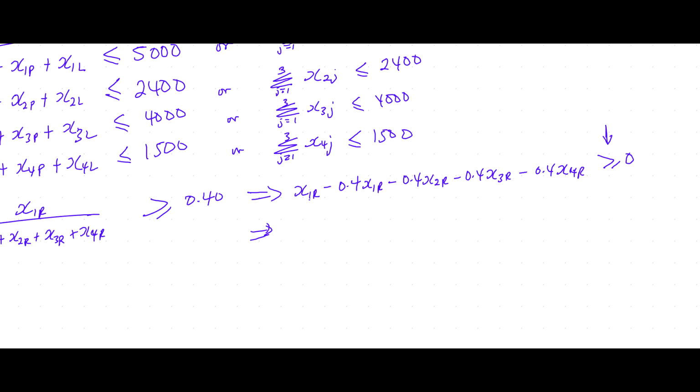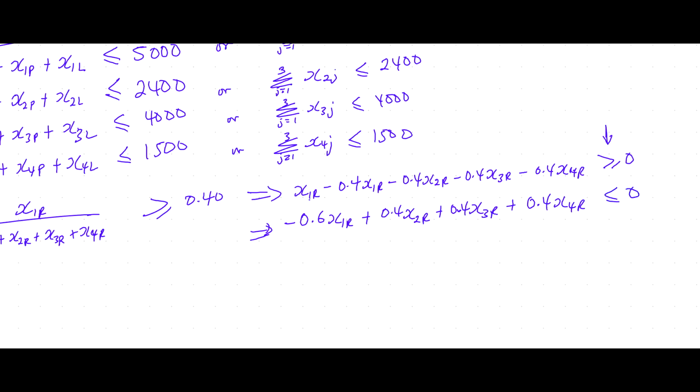Okay, so it then is negative. It's supposed to be 0.6 x1r, but multiplying through by negative, so 0.6 x1r plus 0.4 x2r plus 0.4 x3r plus 0.4 x4r, and is less than or equal to 0.